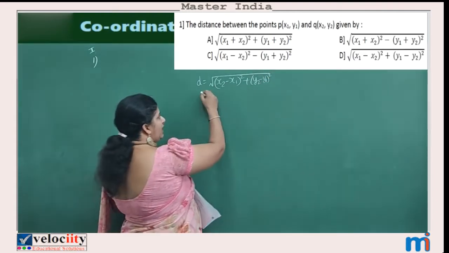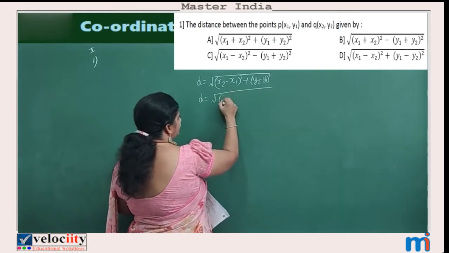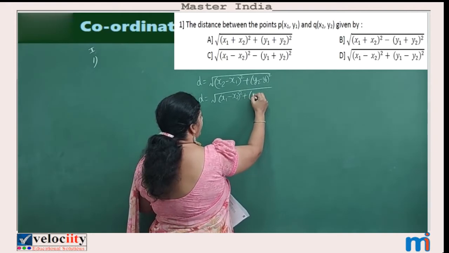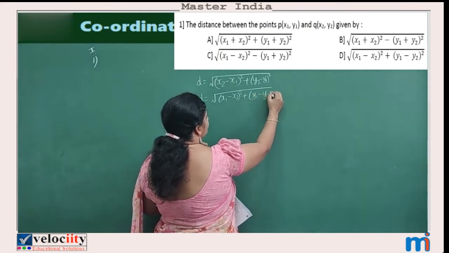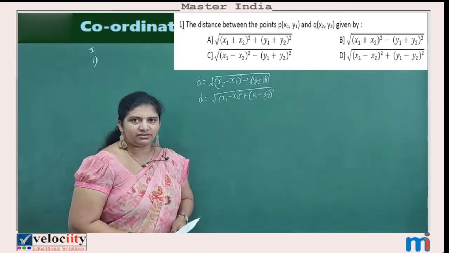In another way, I can say the distance formula is the square root of (x1 minus x2) whole square plus (y1 minus y2) whole square. With both formulas you get the same answer.